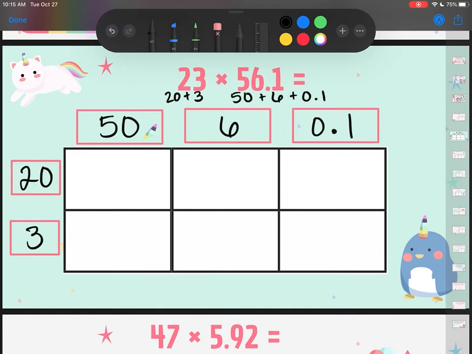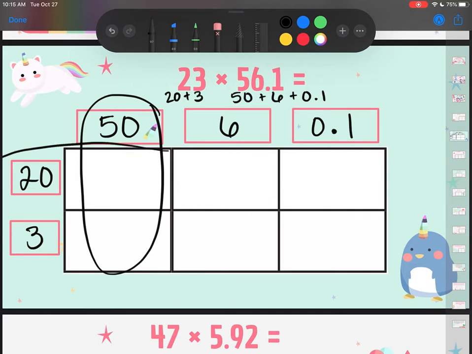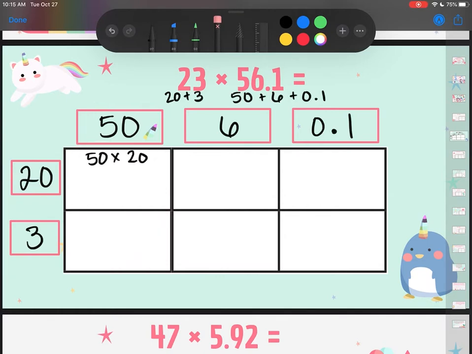So now let's think about our multiplication problem. Remember, this box, whatever row and column it overlaps. So if this is 50 and then 20, that's going to be 50 times 20. My next one, I'm still in my 50s column, but now I'm in my 3 row, so that's going to be 50 times 3.